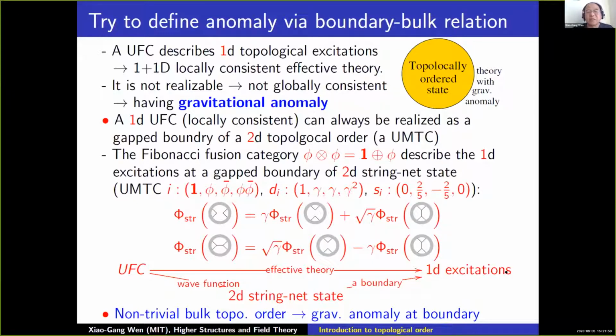So from here, we can see that different types of anomaly really correspond to different 2D topological orders. The non-trivial bulk topological order is related to the gravitational anomaly at the boundary.